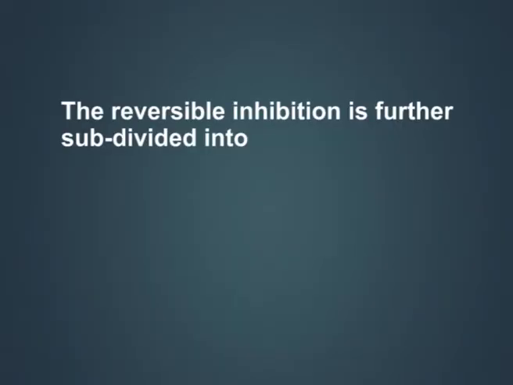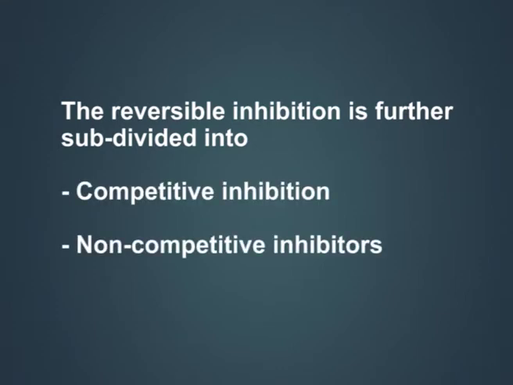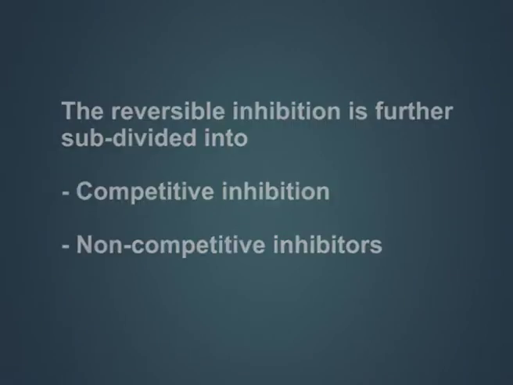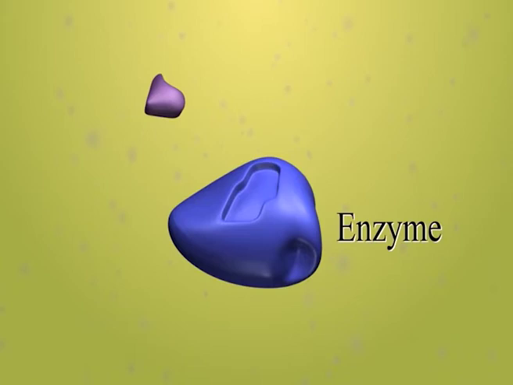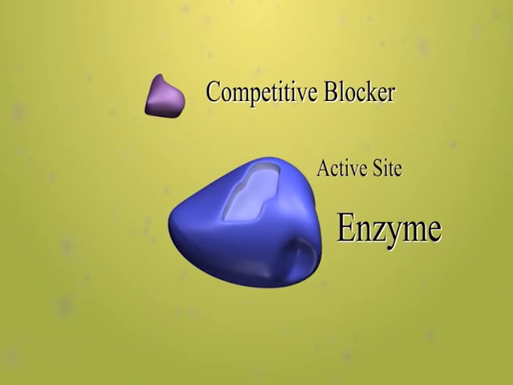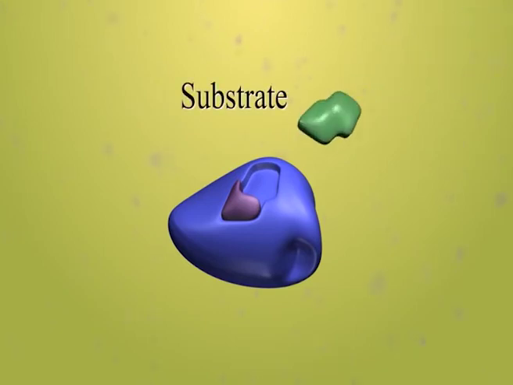Reversible inhibition is further subdivided into first, competitive inhibition, and second, non-competitive inhibition. In competitive inhibition, the inhibitor which closely resembles the real substrate is regarded as a substrate analog. The inhibitor competes with the substrate and binds at the active site of the enzyme but does not undergo any catalysis.